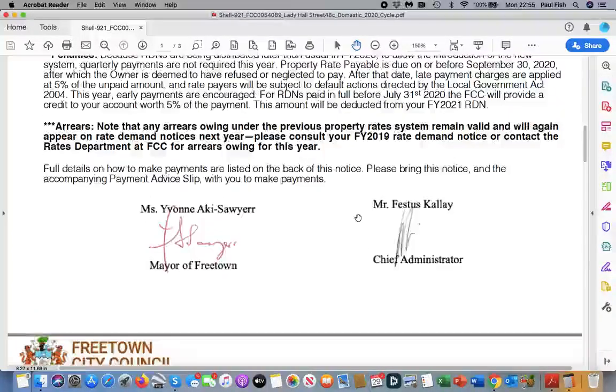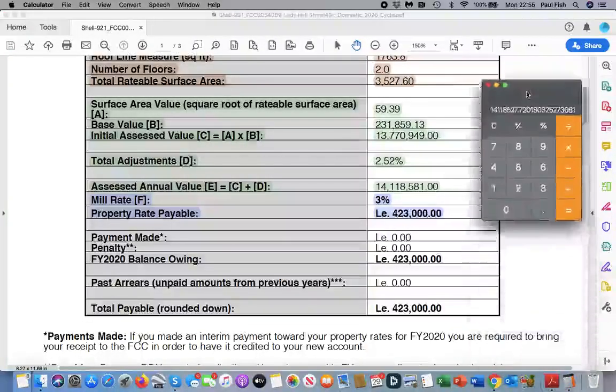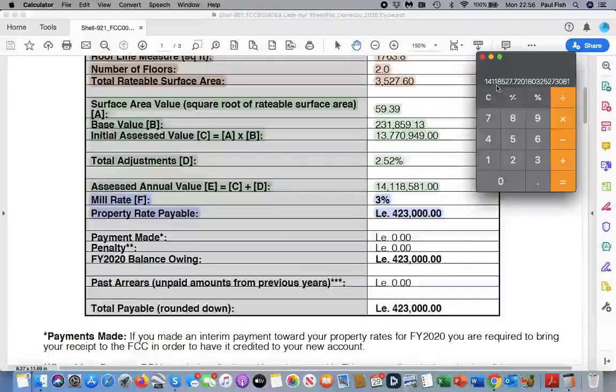So moving lastly to the blue area of the rate demand notice. This is where the council applies its uniform rate for all domestic properties at 3% to represent the amount of leones that are to be paid. So again, we can take our little calculator. We have our 14.11 million leone, and we multiply by 3%, and we get 423,555, but the rate demand notice rounds that down to 423,000.